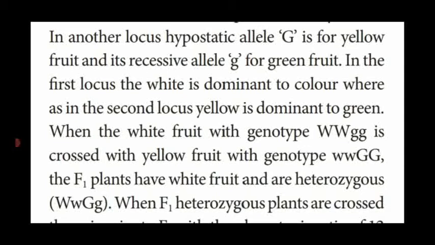We come to the other gene of a different locus with a different pair of alleles. The hypostatic allele, capital G, is dominant, and the fruit color is yellow. The other allele of the same gene, which is recessive, gives green color fruit and is denoted as small g. In the first locus, white is dominant to color, whereas in the second locus, yellow is dominant to green.